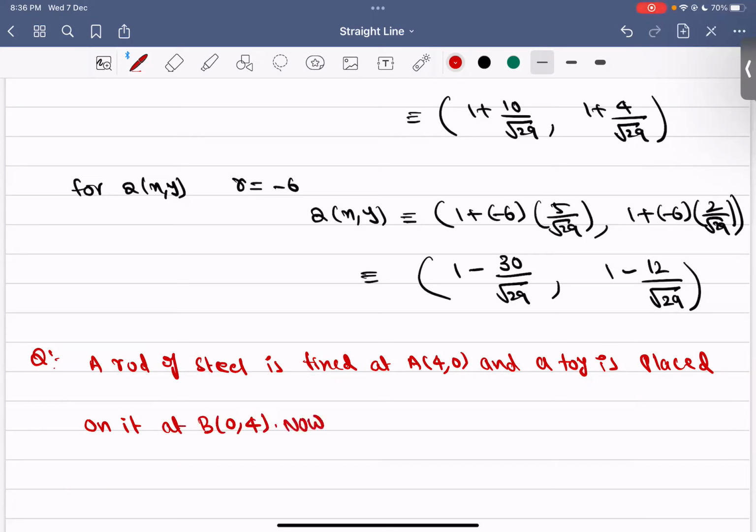Now the rod is rotated about A through an angle of 15 degrees in clockwise direction.